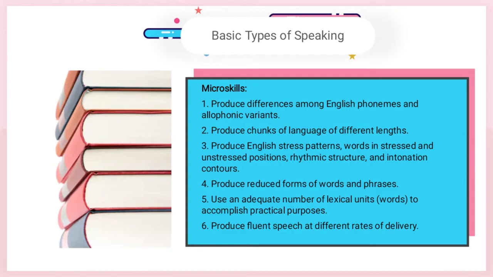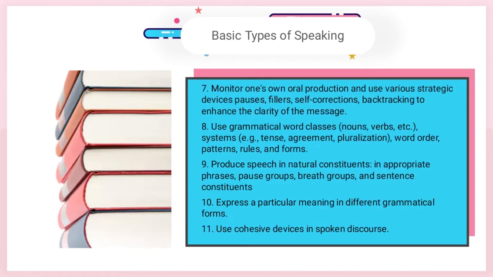Five, use an adequate number of lexical units, like words, to accomplish practical purposes. Six, produce fluent speech at different rates of delivery. Seven, monitor one's own oral production and use various strategic devices like pauses, fillers, self-correction, and backtracking to enhance the clarity of the message.